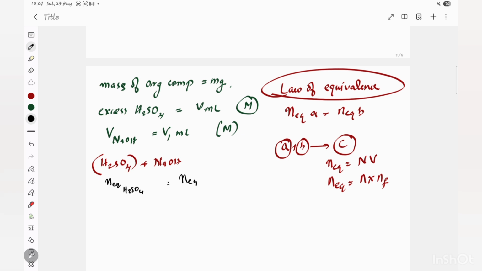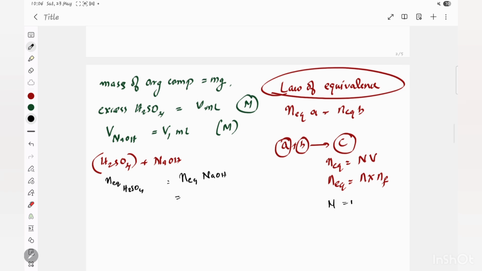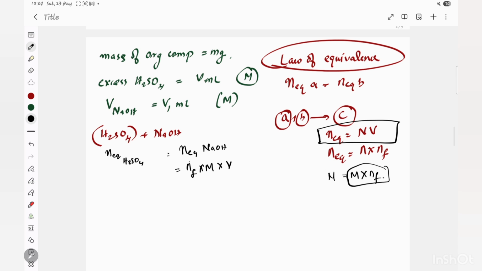We know the molarity of NaOH, and normality is equal to molarity into N factor. So N equivalent of NaOH is normality into volume, which is molarity into N factor into volume. The volume of NaOH used is V1, molarity is M, and the N factor of NaOH is 1, because only one OH minus is there.